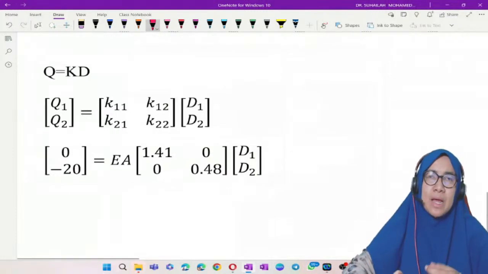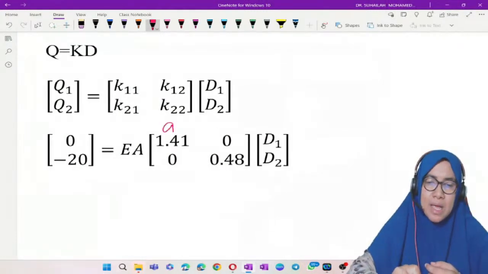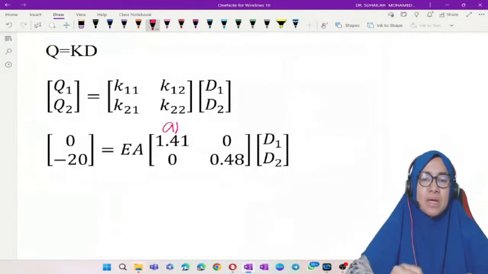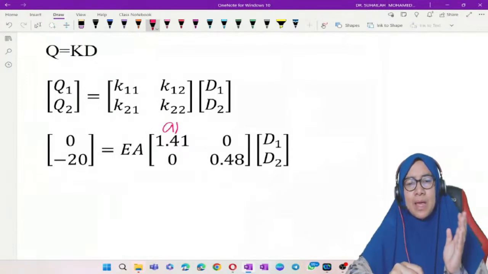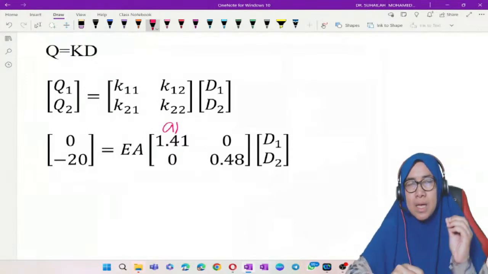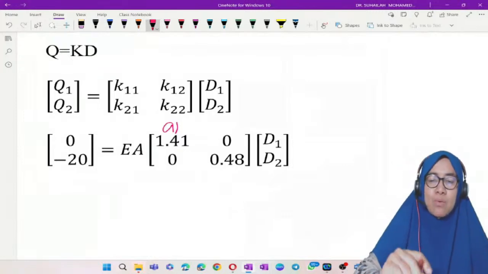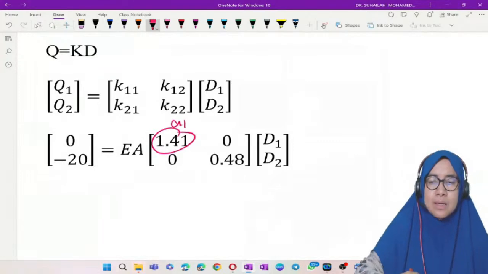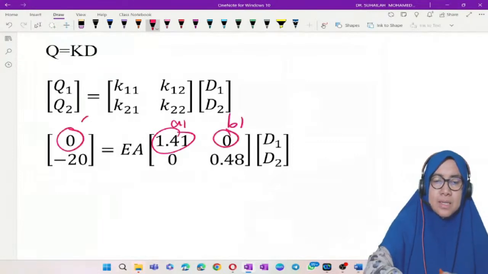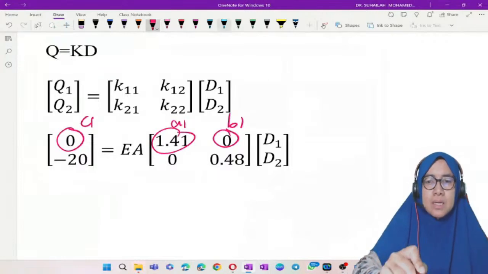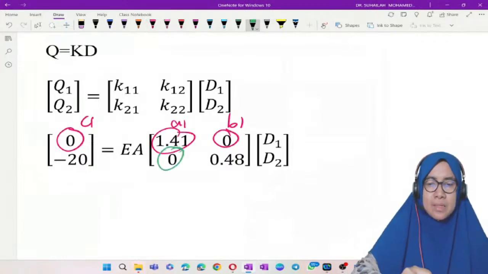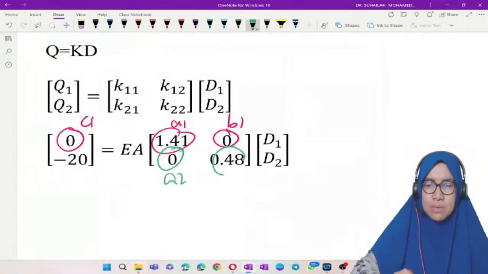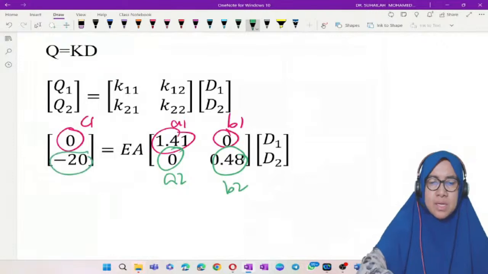Always remember that A1 starts from here, because the format inside the formula is A plus B equal to C. So this is A1, this is B1, this is C1, and this is A2, this is B2, this is C2.